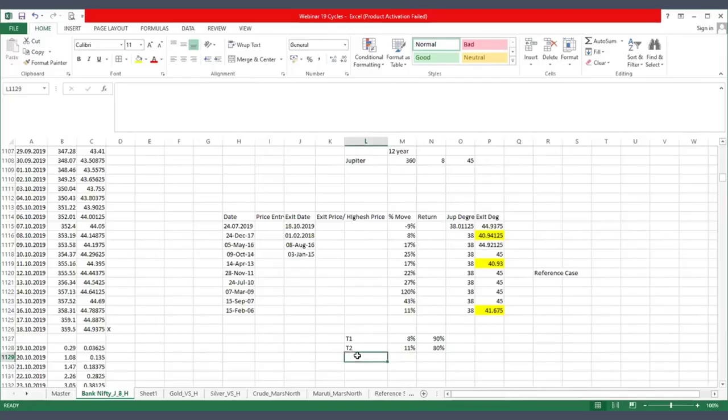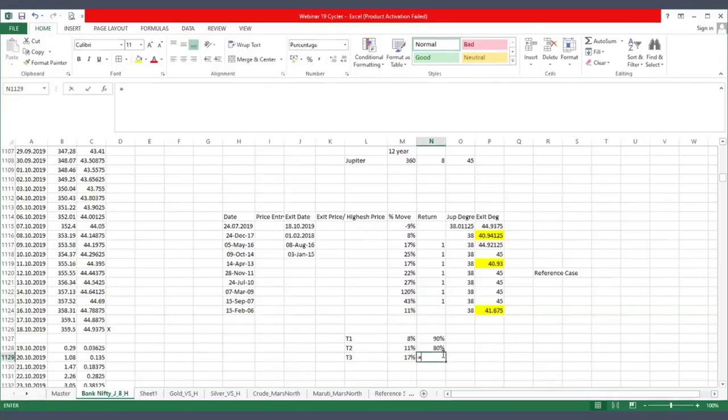Now I can have target 3 as well, because the next target is quite big, which is 17%. Now let's see how many cases are 17 and above. 1, 2, 3, 4, 5, 6, 7. 7 cases are at least 17%.